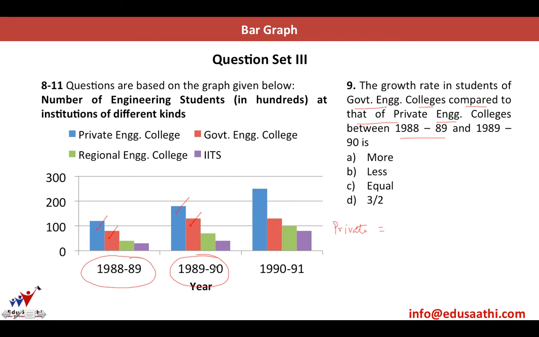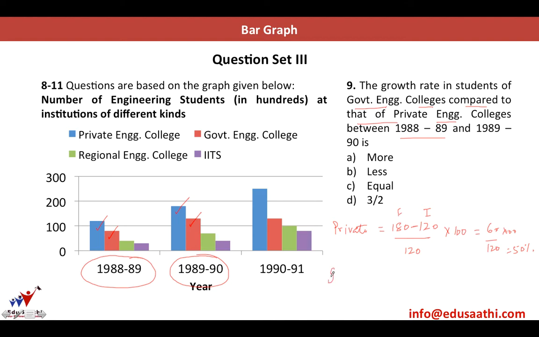In 1989-90, this is somewhere near 180. This is the final value minus the initial value for the year 1988-89, which is somewhere near 120, divided by the initial value, 120, into 100. So this is the growth rate for the 2 years. This gives me 60 by 120 into 100, or somewhere close to 50%.